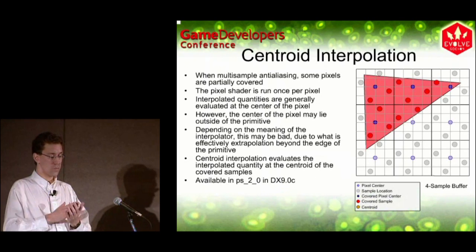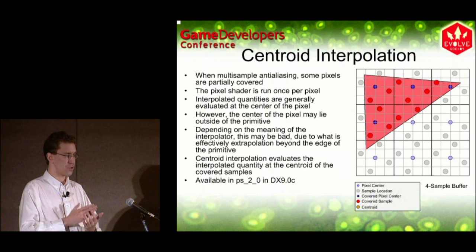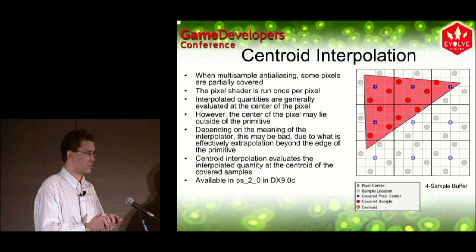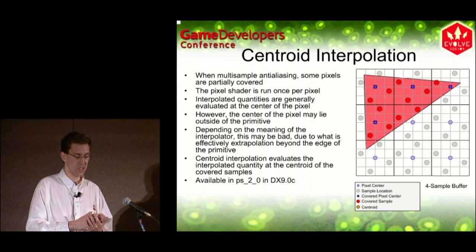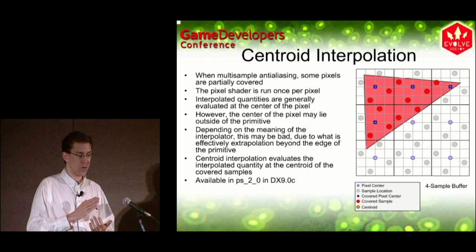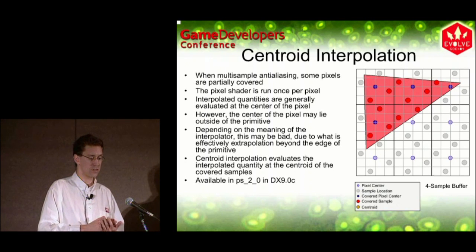So now I just have one more quick thing before we take our break. I know Centroid is a confusing thing, and I know Sim discussed it, but I want to go over it one more time to help you grok this. When you're multi-sample anti-aliasing, some pixels are partially covered.